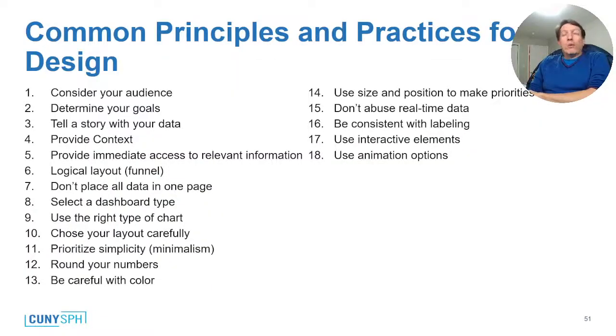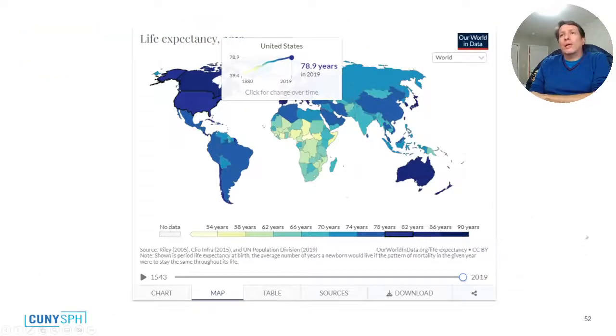When we have animation options, we can use them, but be careful. Excess of animation is just going to be distracting, and sometimes it's going to be annoying to the spectator.